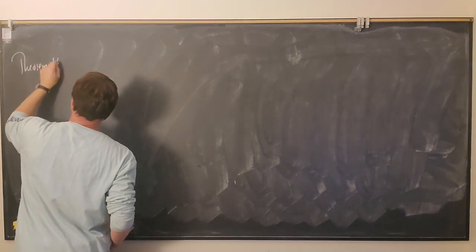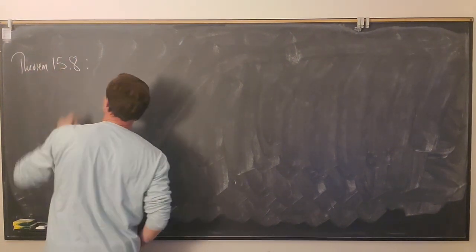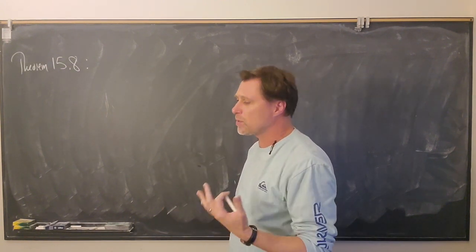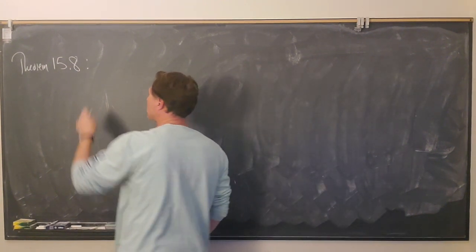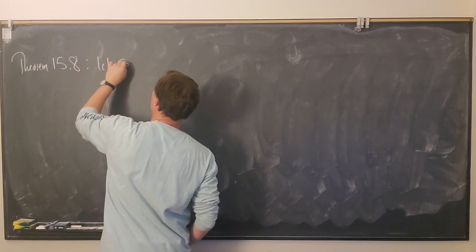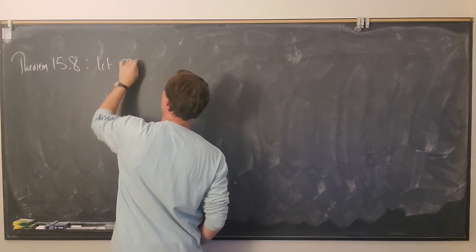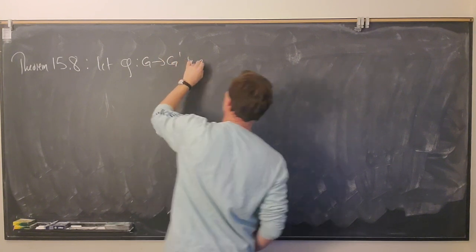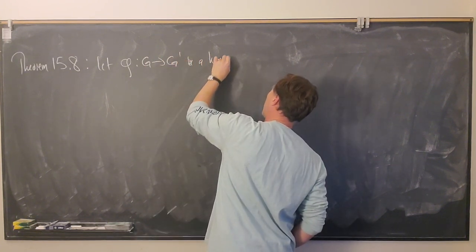So theorem 15.8, this is going to tell us how normal subgroups behave under homomorphisms. So let's let phi from G to G prime be a homomorphism.